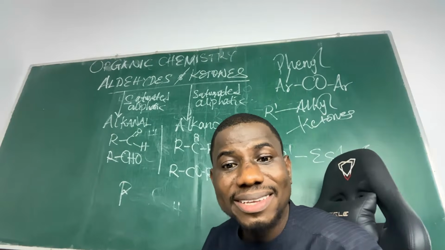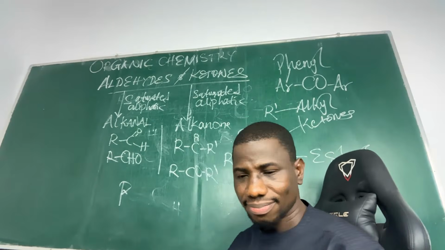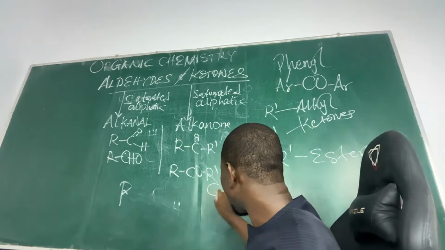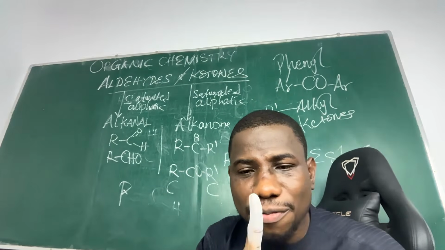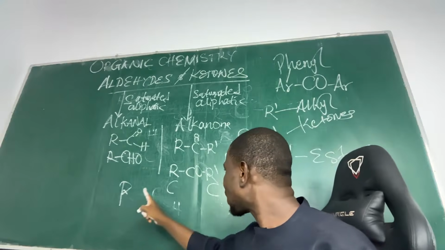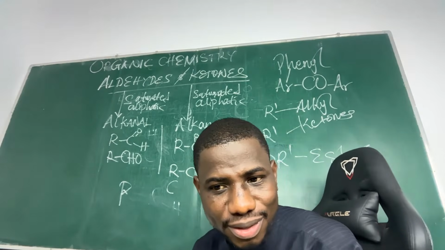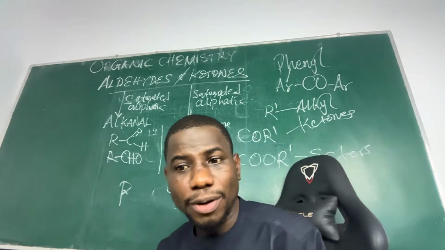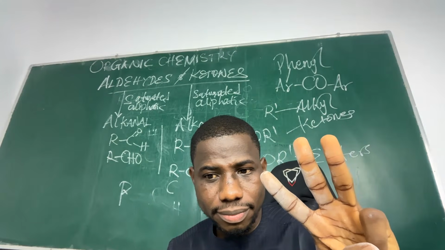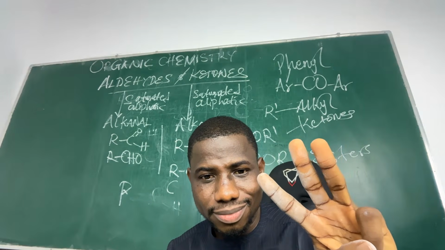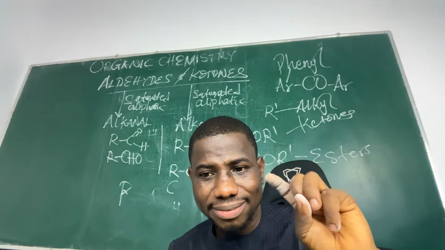That R is a carbon chain. So if we have carbon here and carbon here, what is the minimum number of carbon you will see in an alkanone? Is it 1, 2, or 3?